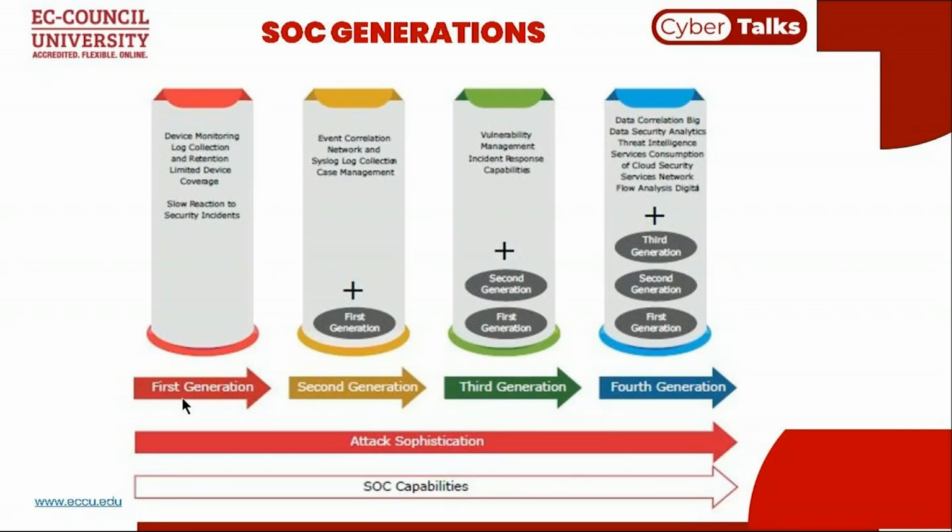That was the first generation of SOC. Let's come to the second generation. The second generation had everything that the first generation had, except it also had event correlation, network and syslog collection, and case management. It had the ability to correlate the logs of different systems on a time scale.